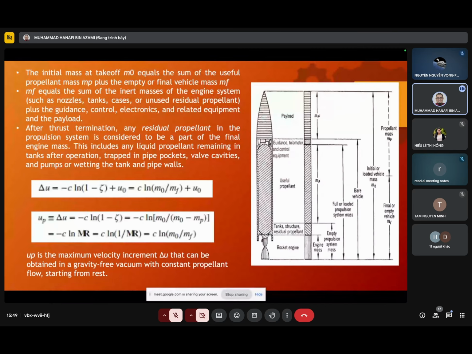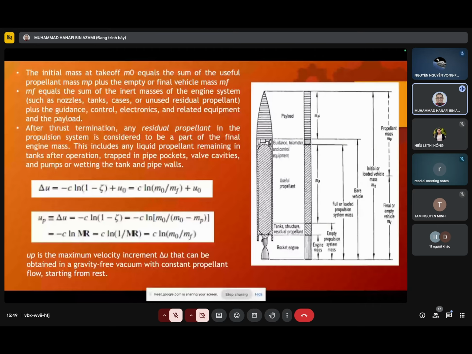The initial mass at takeoff, like I said just now, is m naught. This is the sum of the useful propellant, which is mp, plus the empty vehicle, the final vehicle mass. So m naught is equal to mp plus mf. Mp is the propellant mass, plus the vehicle mass, including all the subsystems: the tank, the structure, the avionics, the payload, and so on.